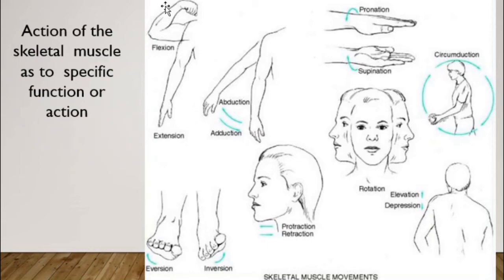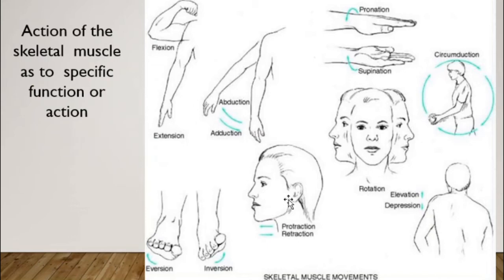If you want to straighten your arms, that is extension. You have abduction, then adduction, pronation, supination, and circumduction, which is circular movement, and rotation, movement of the head.